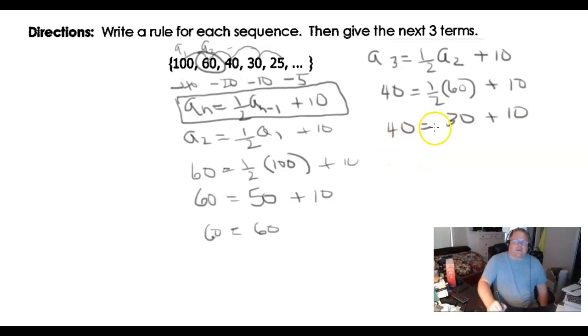Eureka, it works. I can do it for all of them just to check, but I am pretty confident that that's the right one.